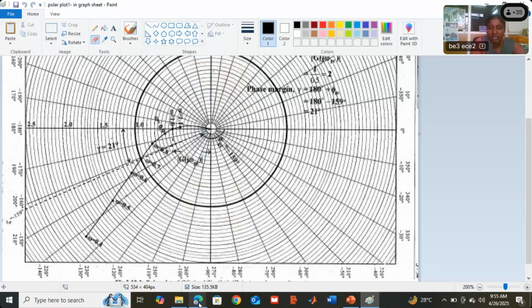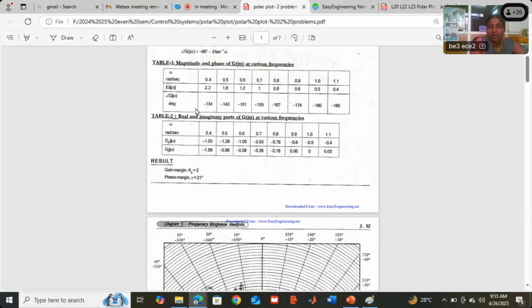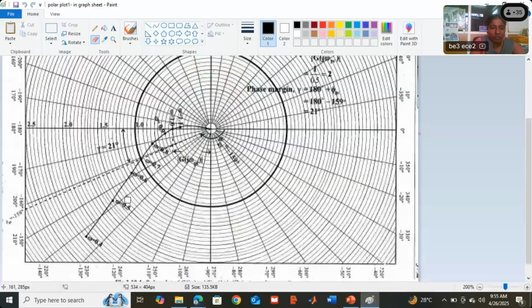You see the calculation, the second magnitude after 0.4: at omega value 0.5, magnitude 1.6 and angle minus 143. See the graph sheet. Minus 143, where will it come? This line is minus 140, this line is minus 150. So somewhere in between they have taken minus 143.